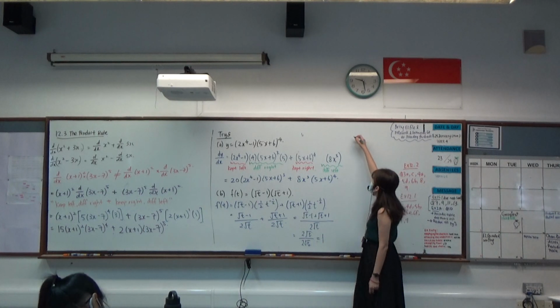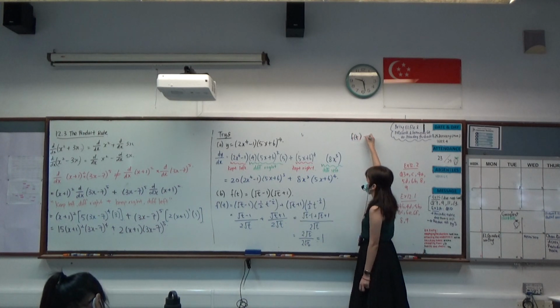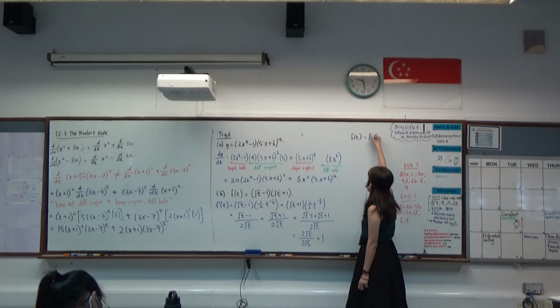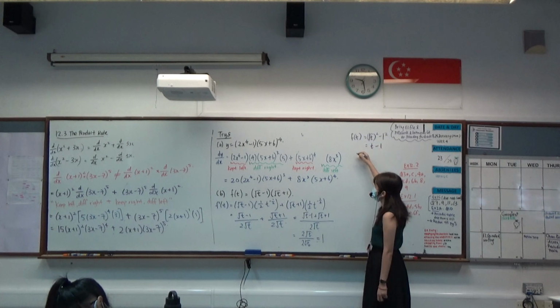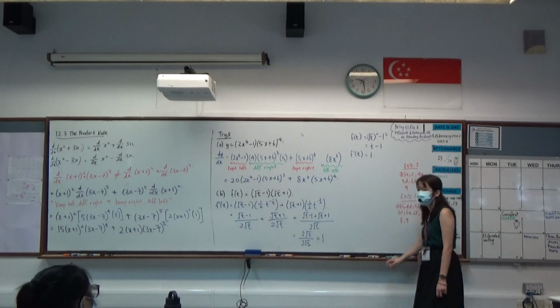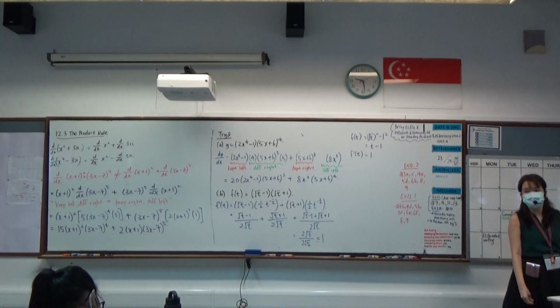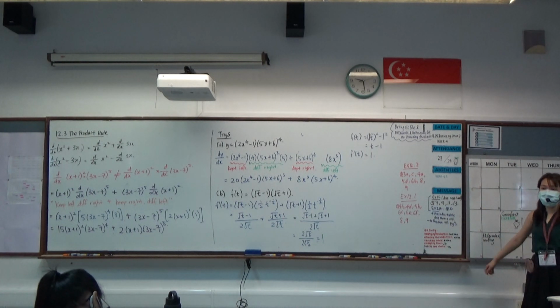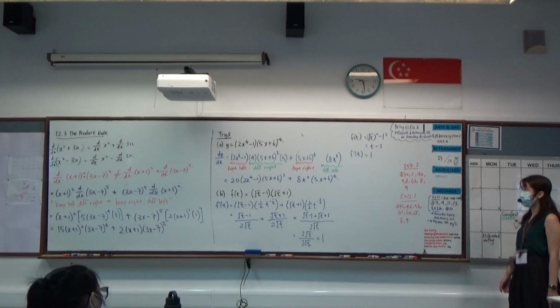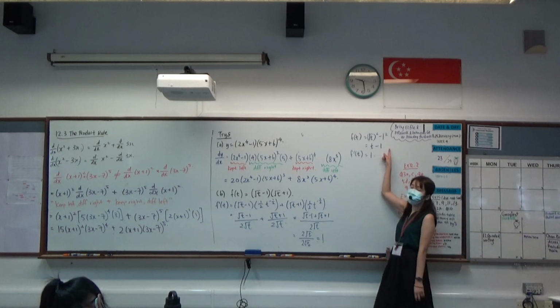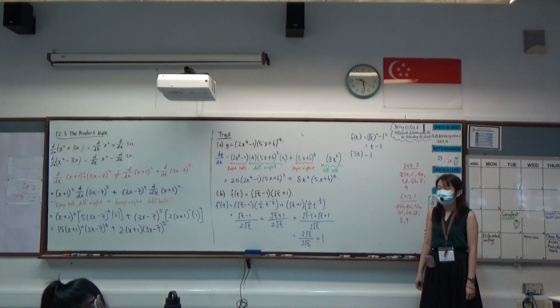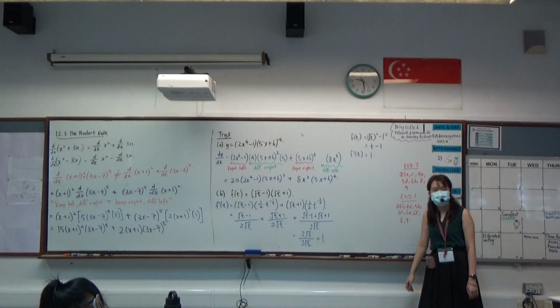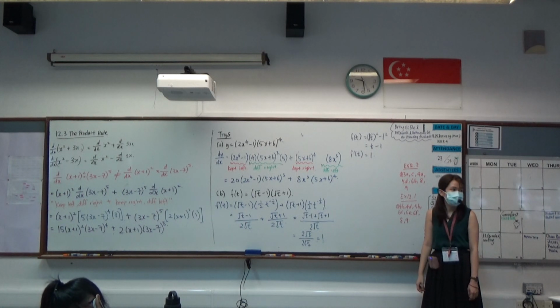On the other hand, if you were to just expand and simplify it using your identity of a square minus b square, your derivative is just 1. No need to actually go through the steps.